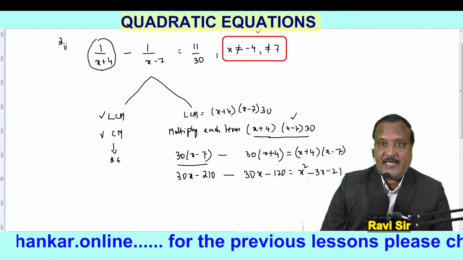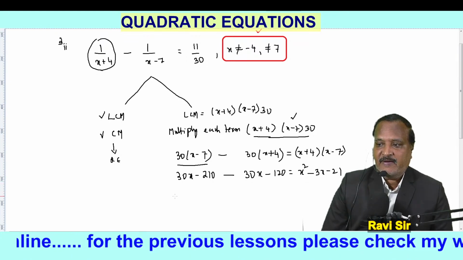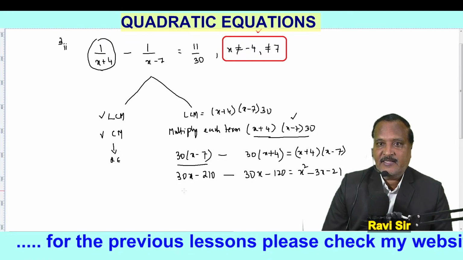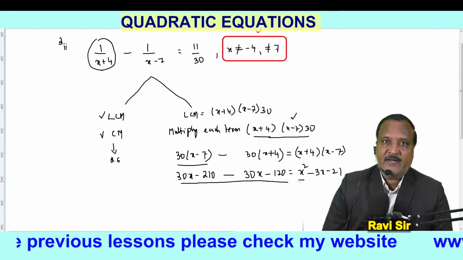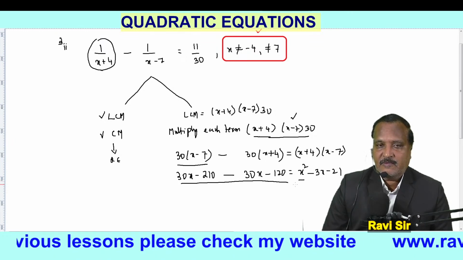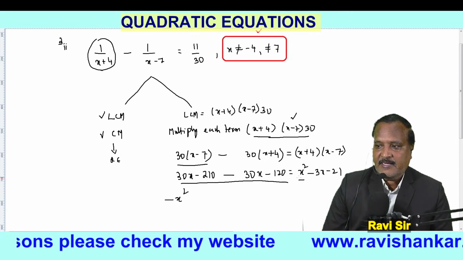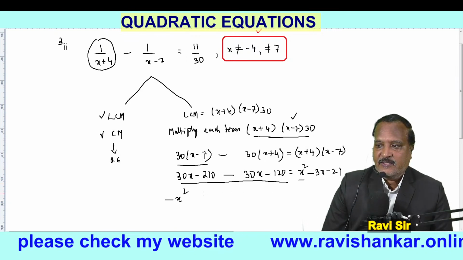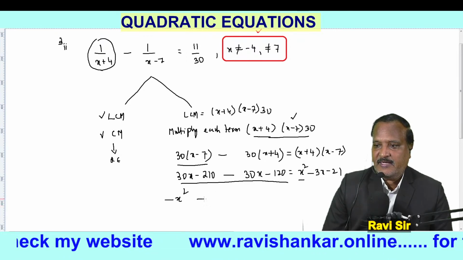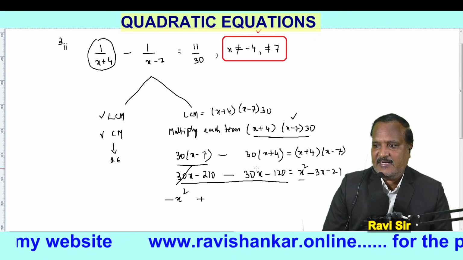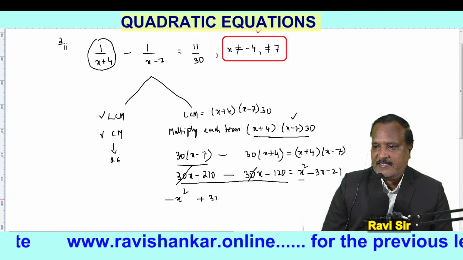Now next I have to bring all the terms to one side. So first I will write the x square term. On the left hand side there is no x square term. The x square term is there with the highest power. So I will write minus x square because I am bringing it to the left hand side. Next all the x terms I have to write. 30x will get cancelled, and this minus 3x will become plus 3x.